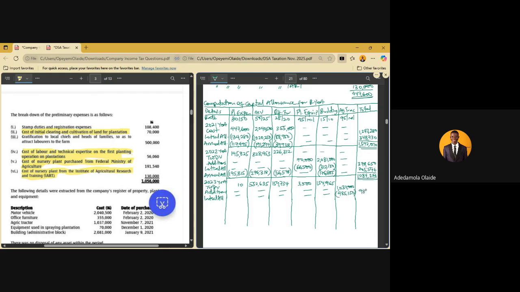So that's the same thing as the initial allowance. So annual allowance will be what?